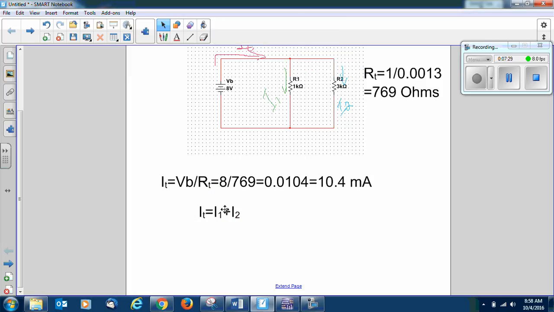And I needed to, of course, find I1 and I2. Once again, I would use Ohm's law to do that. And if you remember your calculations, you'll get to verify that later on. So this is just a little preview for you that will help you further on in some of the problems in this test. Thank you.